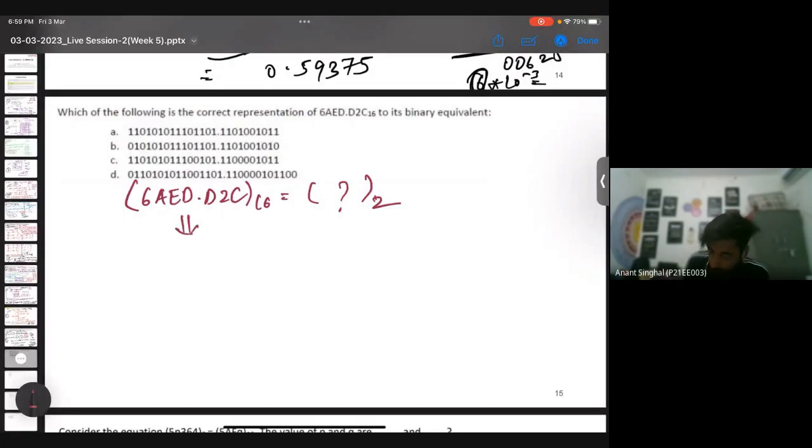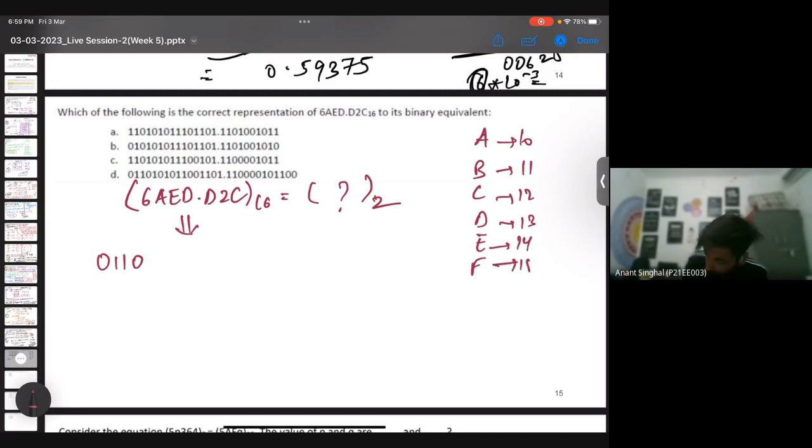For hexadecimal, we know that we need to make groups of 4 bits. So 6 is nothing but 0110. A, I'll write it again for your convenience: 10, 11, 12, 13, 14, 15. So A is 10, which is 1010.